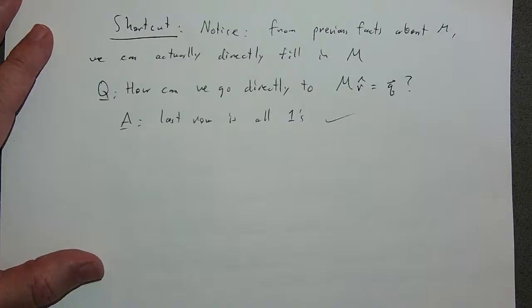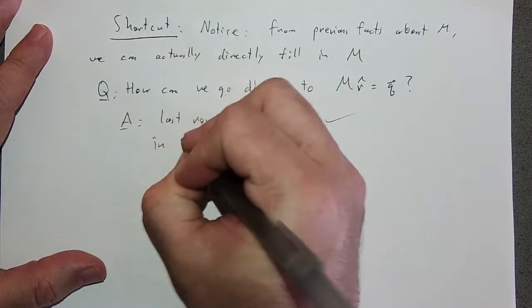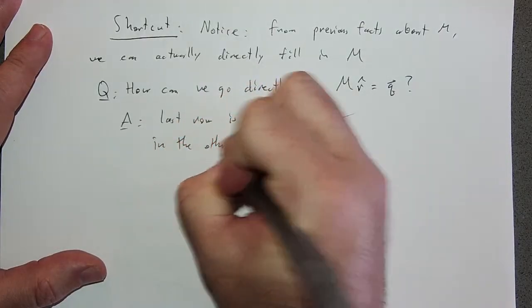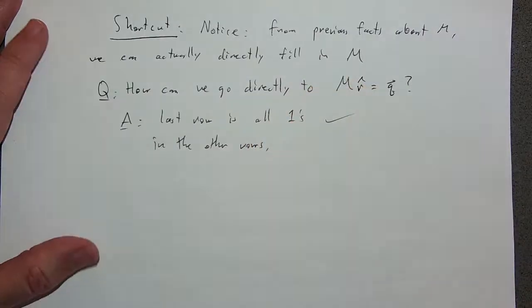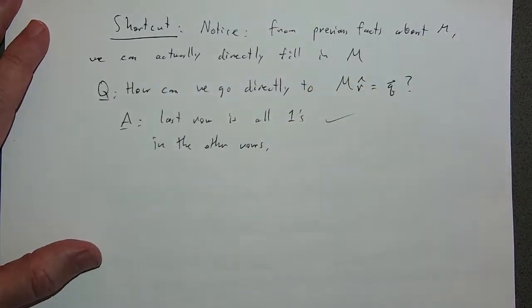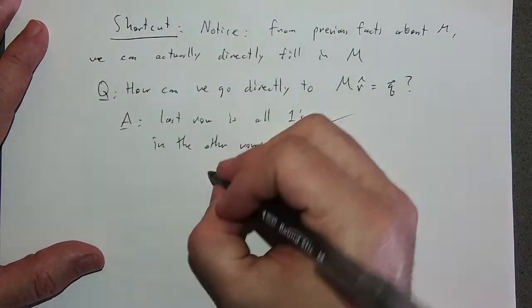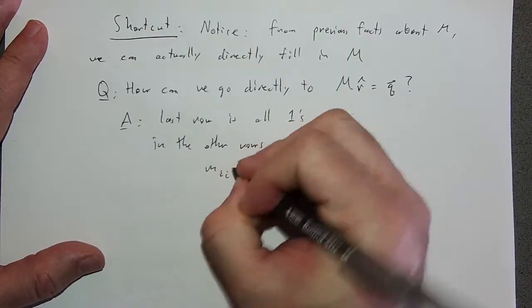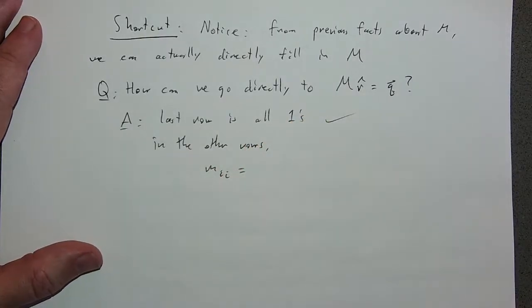In the other rows, how do I figure out what m sub i and m sub ij are? So m sub i is the number of games team i plays.